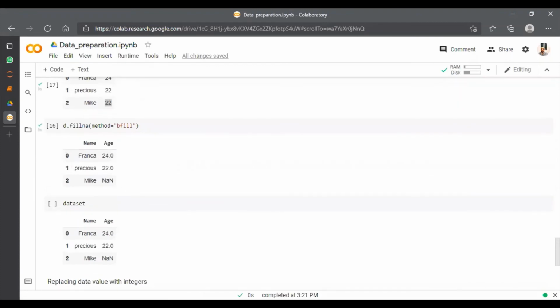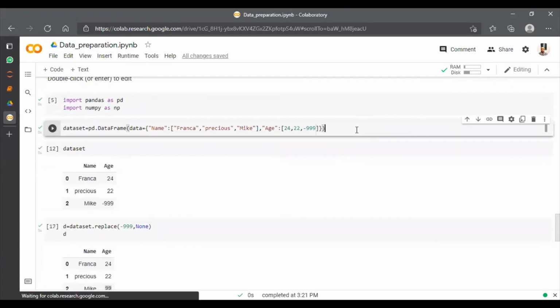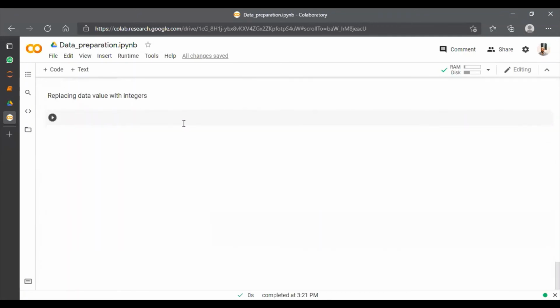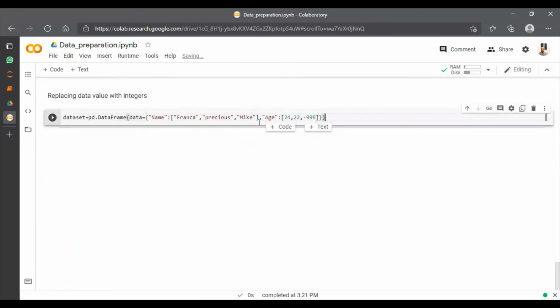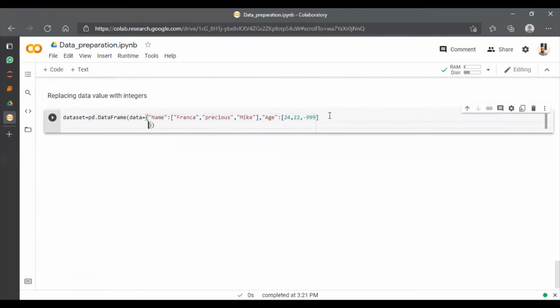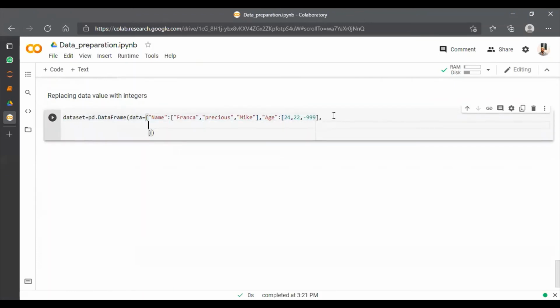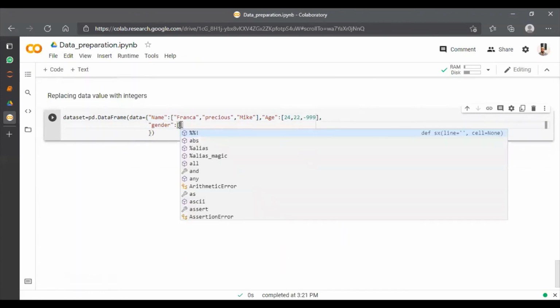If you look at these particular examples, if I try to extend this example, I include gender as another data variable or attribute in this data set. If I add gender, then I have gender which could be either male or female for each of the names.